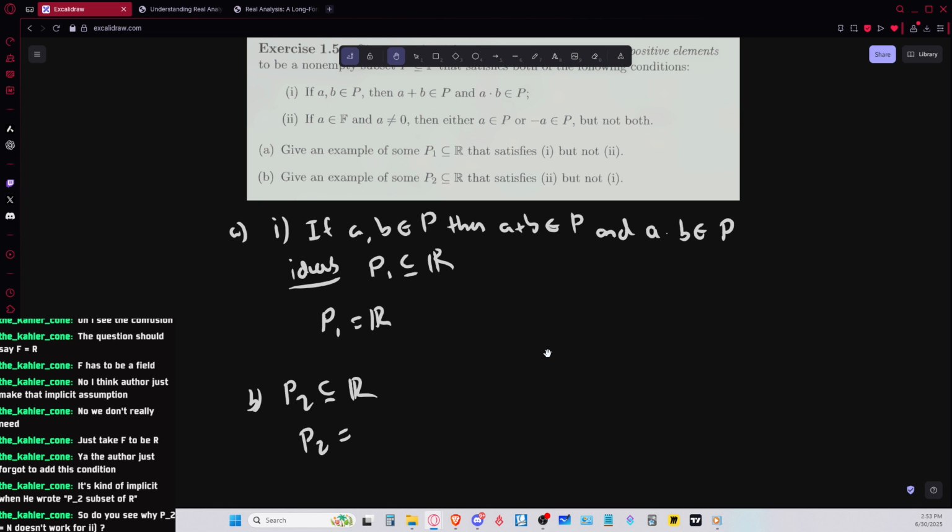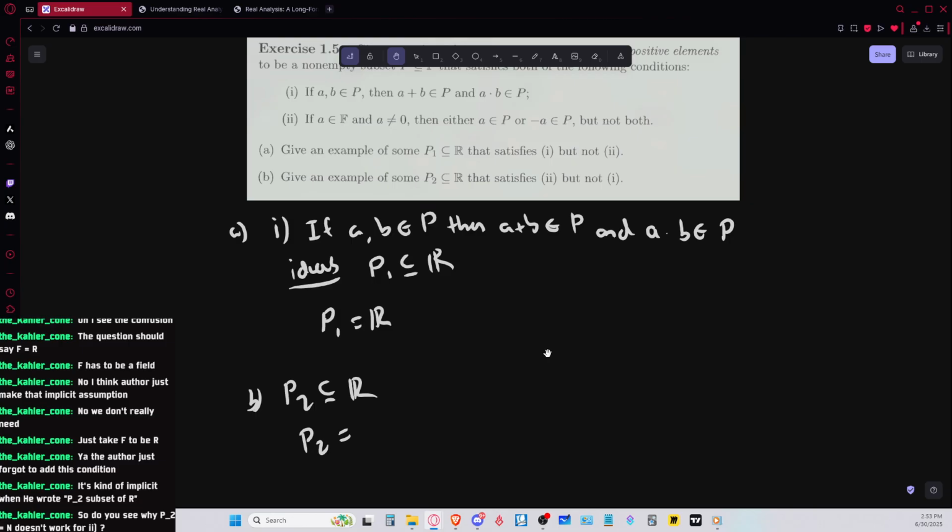So the real numbers, they don't fulfill 2 because they have both negative and positive numbers in them. I don't think so. I don't think I see why it isn't. It doesn't work for 2.